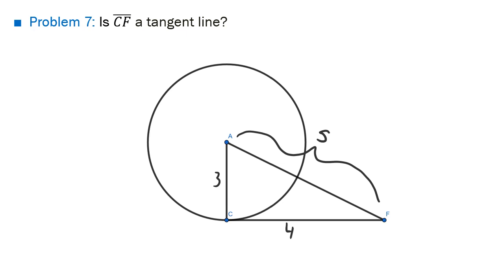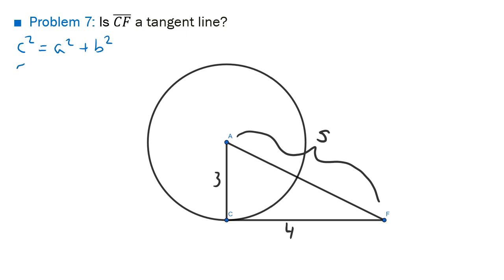To figure that out, we're going to go ahead and use our formulas from earlier in the year, where we had c squared equals a squared plus b squared, basically using the Pythagorean theorem. When we plug it in, if the left side and the right side equal the same thing, then we know we have ourselves a right triangle. Therefore, then we'll know that angle C is 90 degrees.